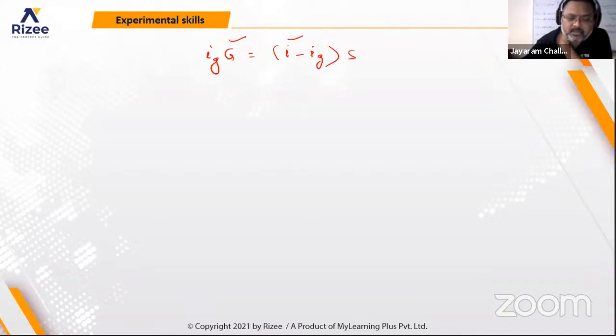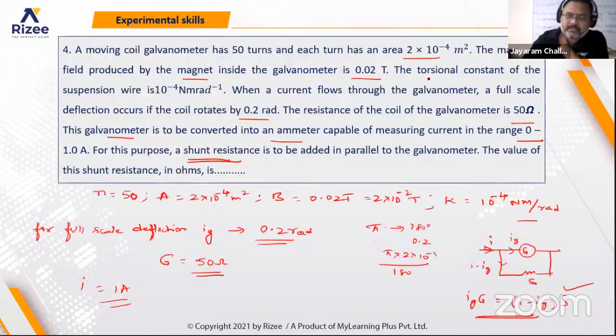We don't know that particular Ig value, sir. So how to find that particular current? The torsional constant C theta is equal to, according to the moving coil galvanometer, NBIg into A. So substitute every value. What is the torsional constant given over there?